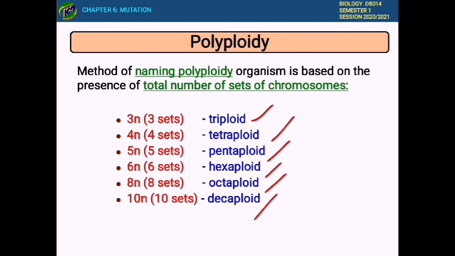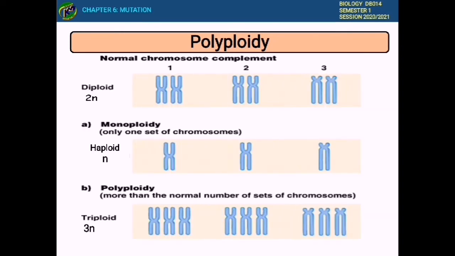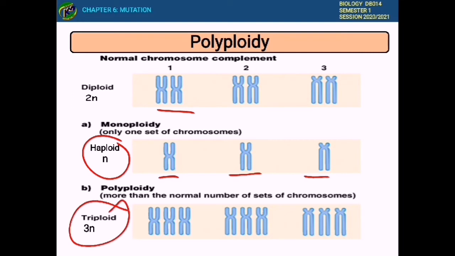Here we have a diagram to show normal chromosome complements. For diploid, we have two sets of chromosomes here. For monoploid or haploid, one set of chromosomes here. For triploid, that is polyploidy, more than the normal number of sets of chromosomes.